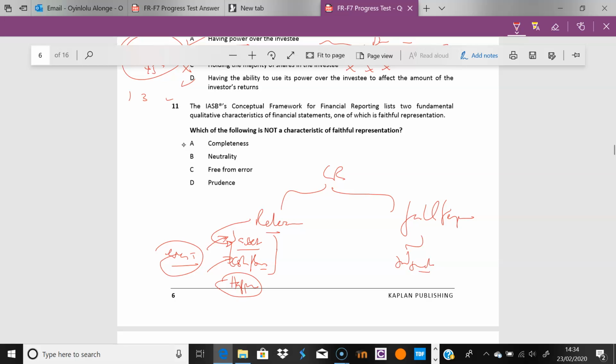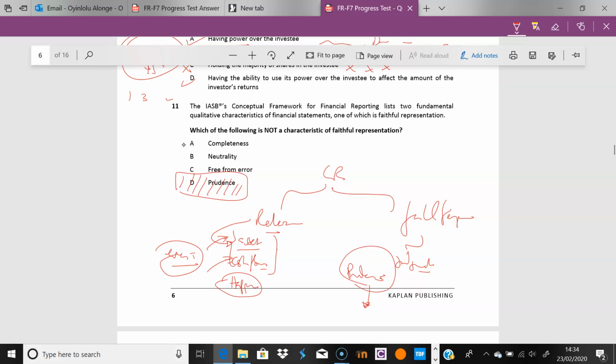And what I think the question is, again, this is all knowledge, is that the recent framework, or the conceptual framework, took away the word prudence from the picture, because we've had prudence for such a long time, and in a way there has been some kind of understatement, so to speak, with prudence.